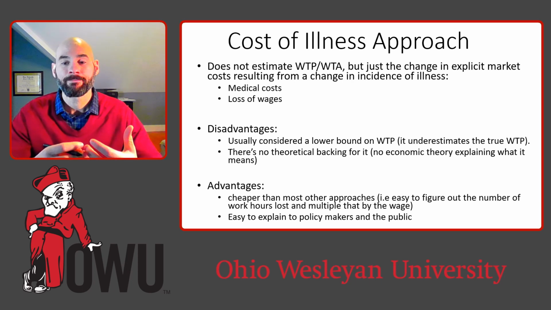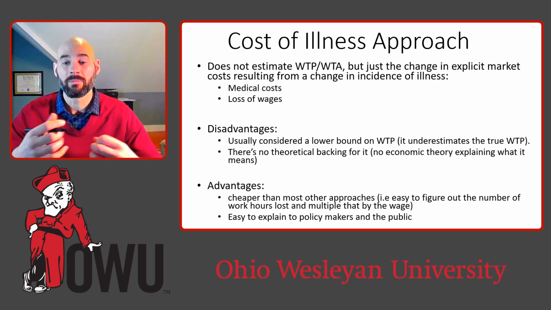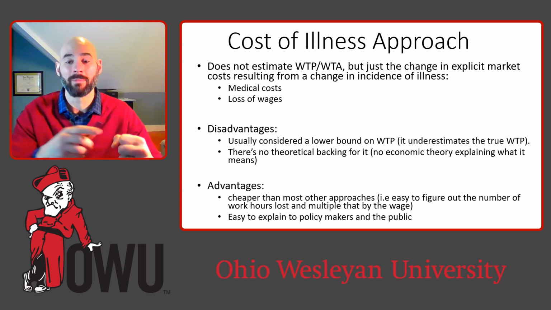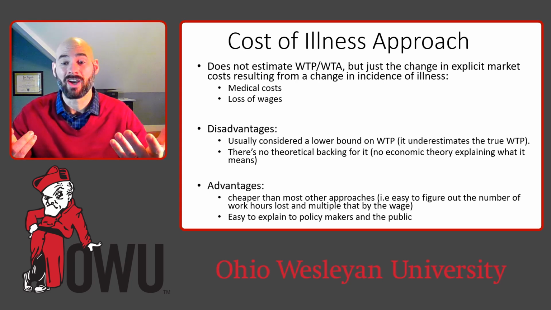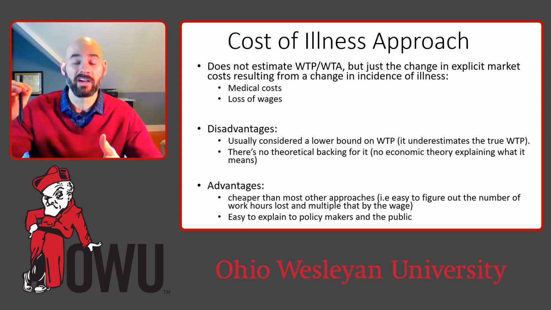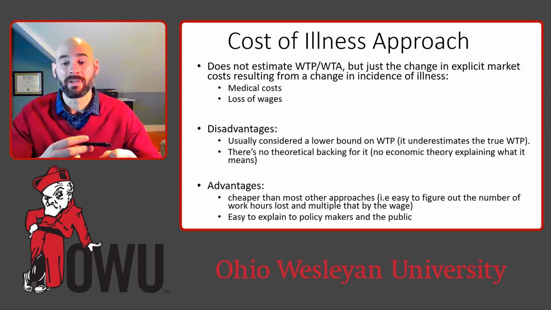And there's no real theoretical back and forth. It's not really economic, it's more accounting. For any of you who have had me in intermediate microeconomic theory, I try to make that difference pretty clear between economics and accounting. Accounting is just doing this cost of illness approach where you add up all the costs that we observe. Economics is looking for hidden costs and opportunity costs based on individual behavior in the face of scarcity.